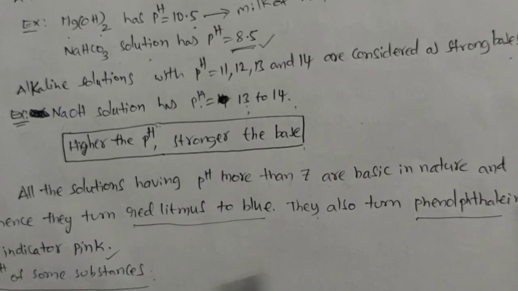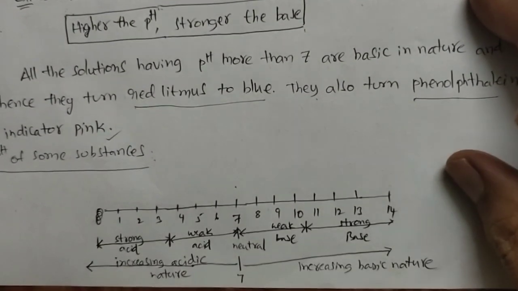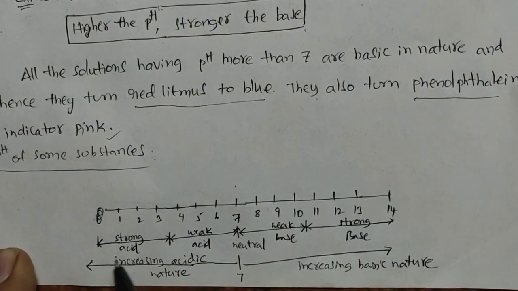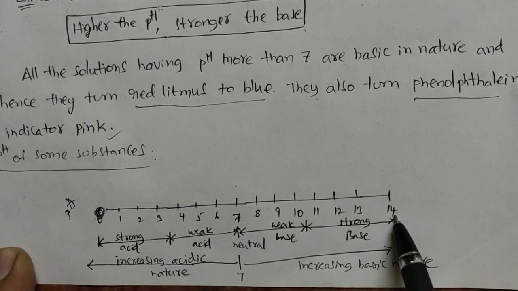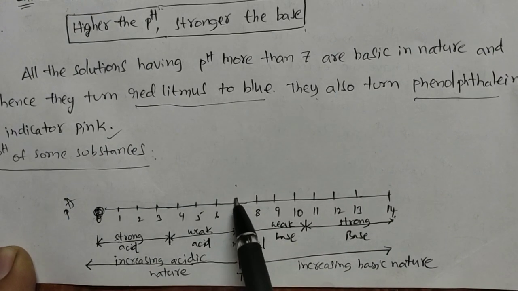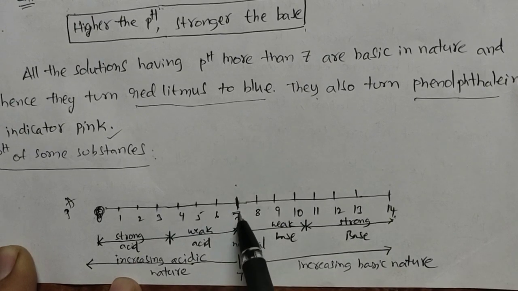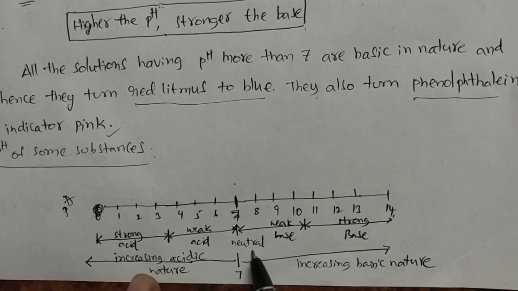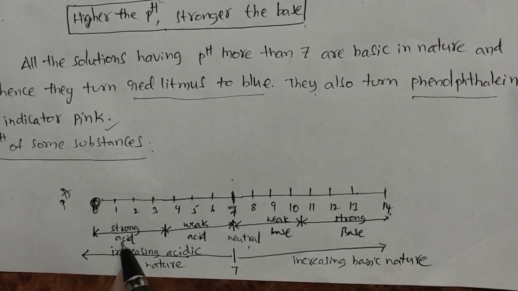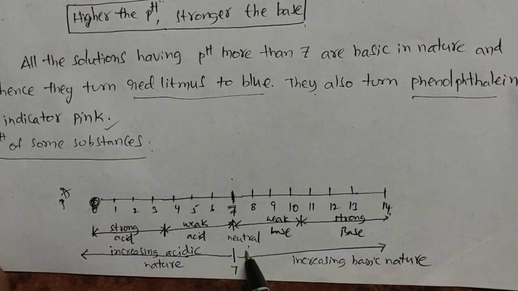So, pH of some substances. Look at this scale carefully. This is the pH scale. It is graduated between 0 to 14, and at the middle of the scale is 7. Solutions having pH 7 are said to be neutral. Solutions having pH less than 7, on the left-hand side, are acidic solutions.